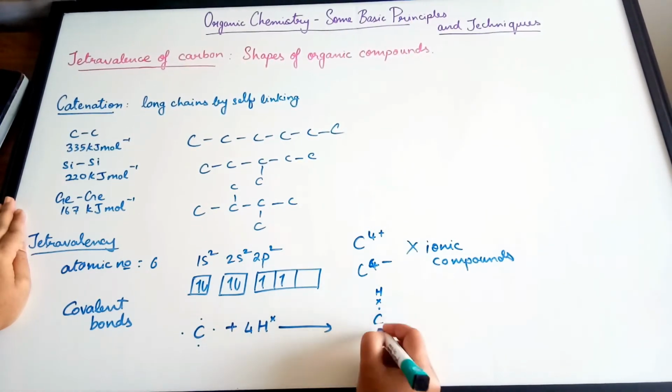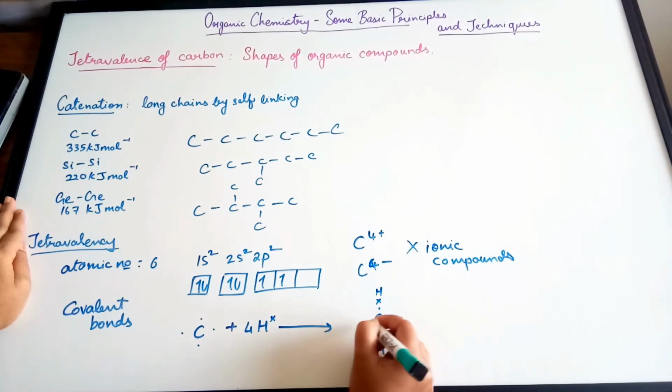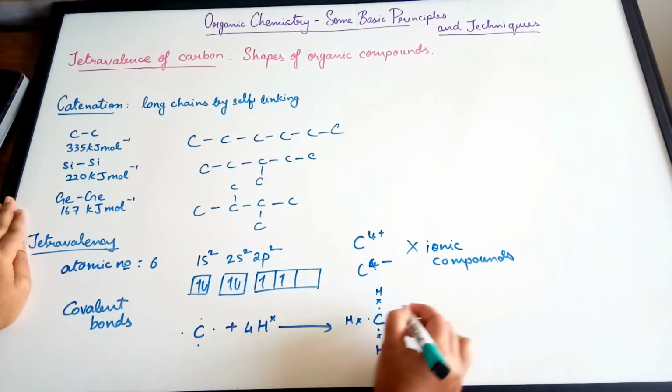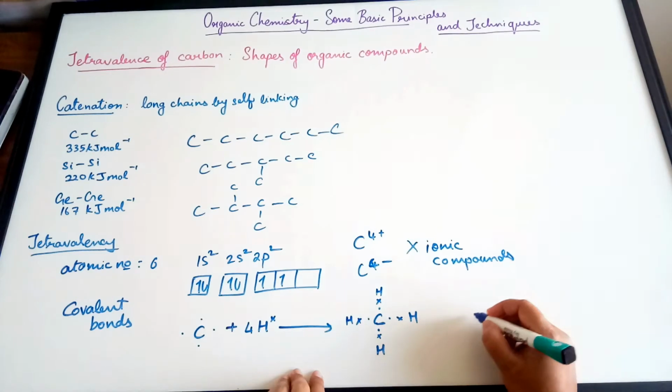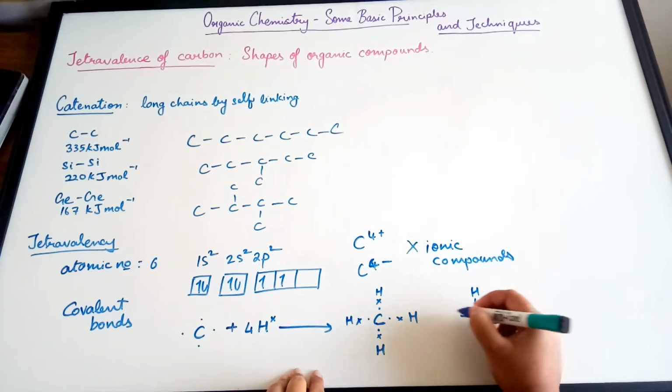So each hydrogen atom will also fulfill its helium configuration, and this leads to the formation of a compound called methane, which is CH4.